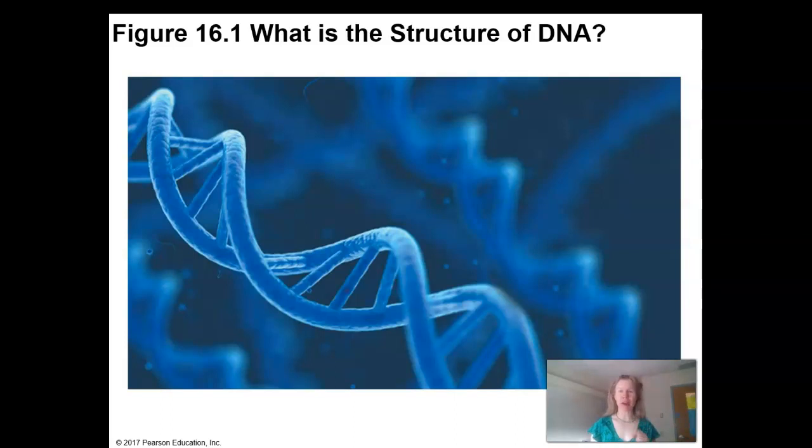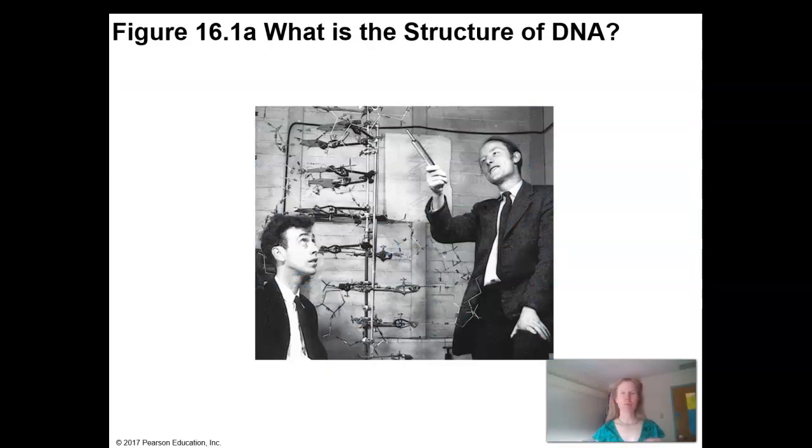Every cell in your body has the exact same DNA, and this DNA directs all sorts of things. It's not just inheritance. The DNA actually directs the development of biochemical, anatomical, physiological traits, even some behavioral traits in some cases. All right, so there they are with their model.